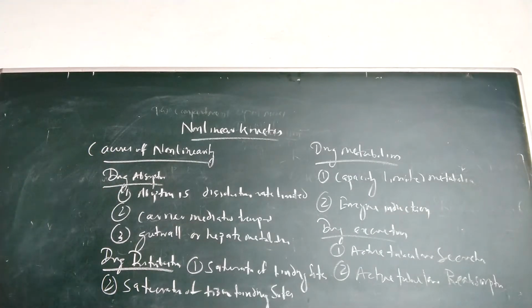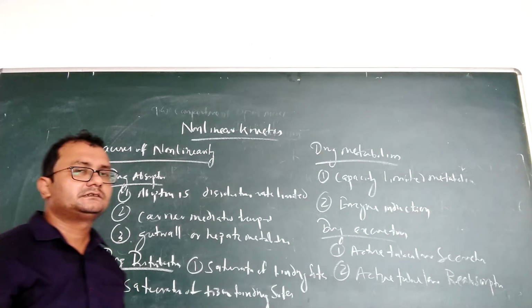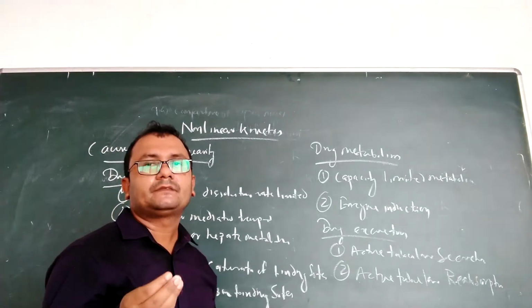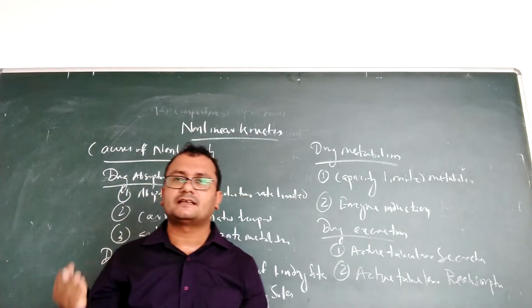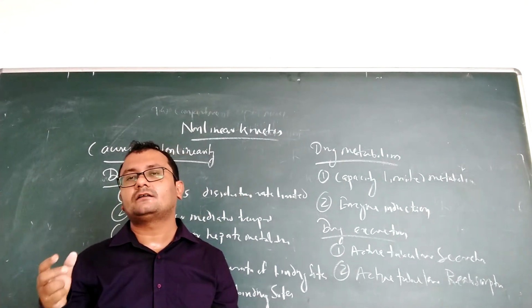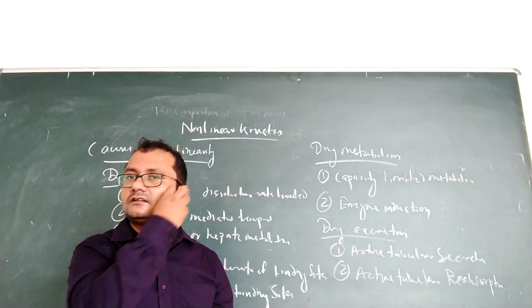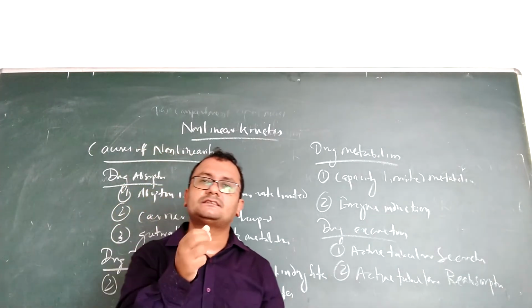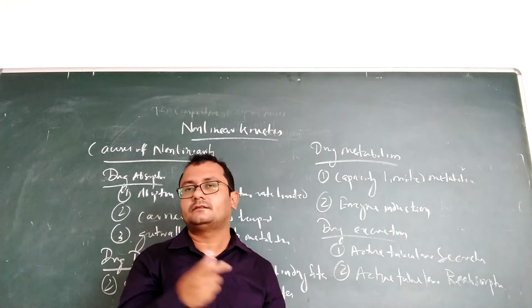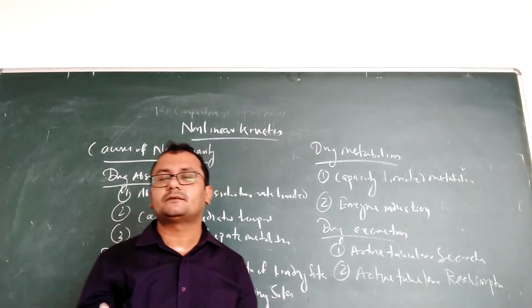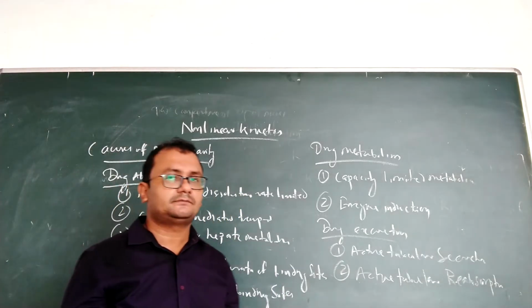The second one is carrier mediated transport. For example, vitamins like riboflavin, ascorbic acid and cyanocobalamin are absorbed by carrier mediated transport, and they depend on carriers. Once the carriers are saturated, they will not be able to go to the systemic circulation, they won't be absorbed.